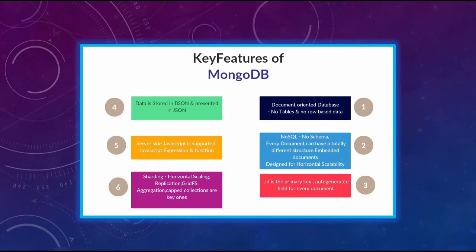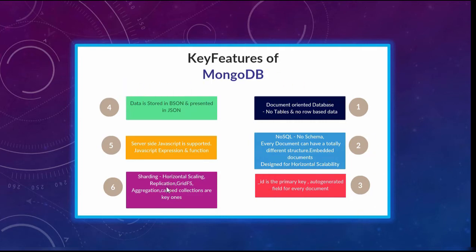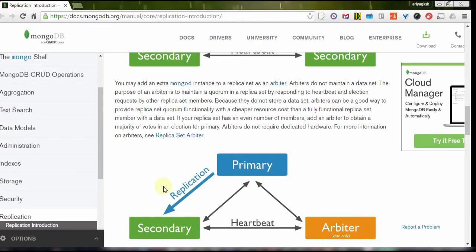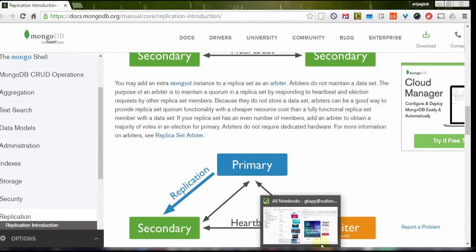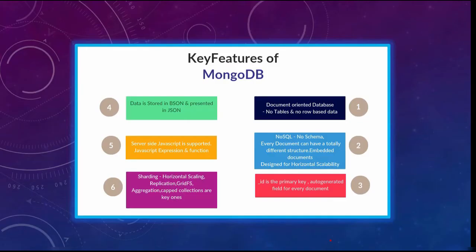Till then, for a beginner, these 4 things are important. Let me show things from the MongoDB documentation so you can understand how it works. Remember that these 2 points are not necessary at the initial levels. For the beginner level, 5 and 6 are not necessary. I'm just showing them for your knowledge.